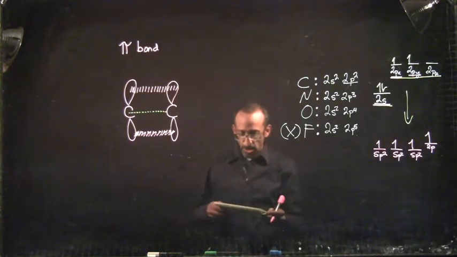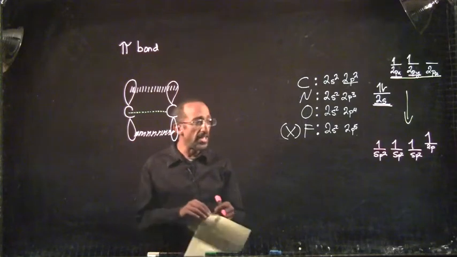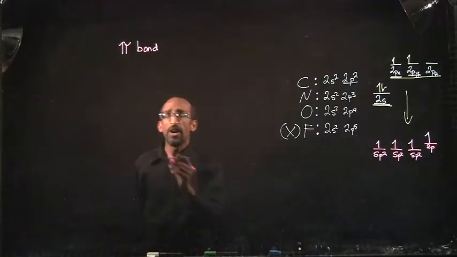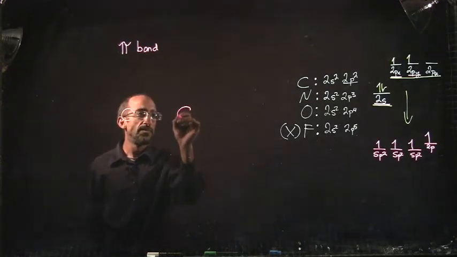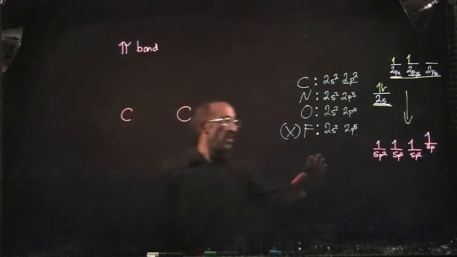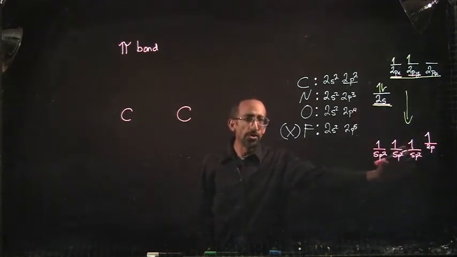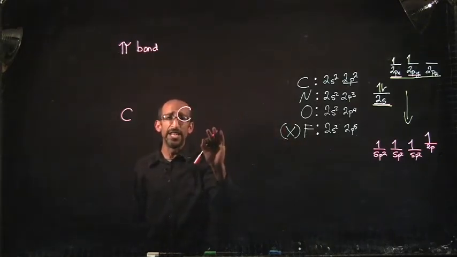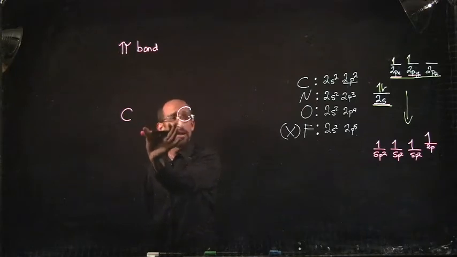So let's now take a look at what bonding between 2 carbon atoms using sp2 hybrid orbitals would look like. We'll start off with our carbon atom. And now, even though we have 4 orbitals to work with, we're only going to create 3 regions of electron density because we're going to make a double bond between these 2 carbon atoms.